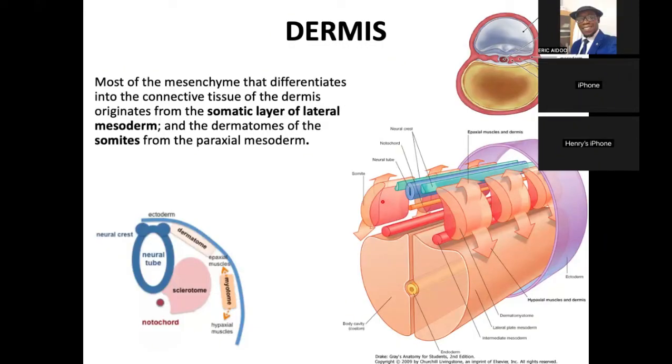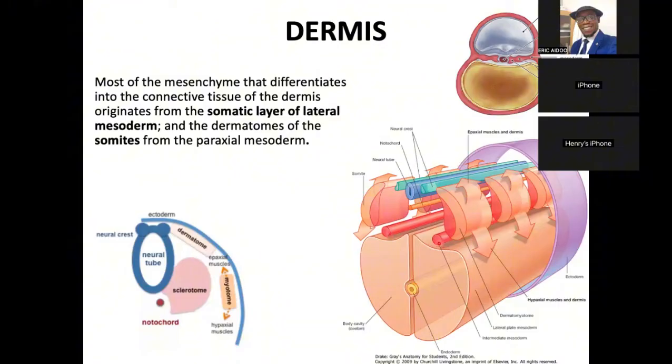So the mesoderm has these somites, and the somites also can develop along two lines. You have this dermatomyotome going epaxial, that is upwards, or hypaxial, downwards. So some of the muscles will grow downwards, others will grow upwards, and then some will also be stationary.